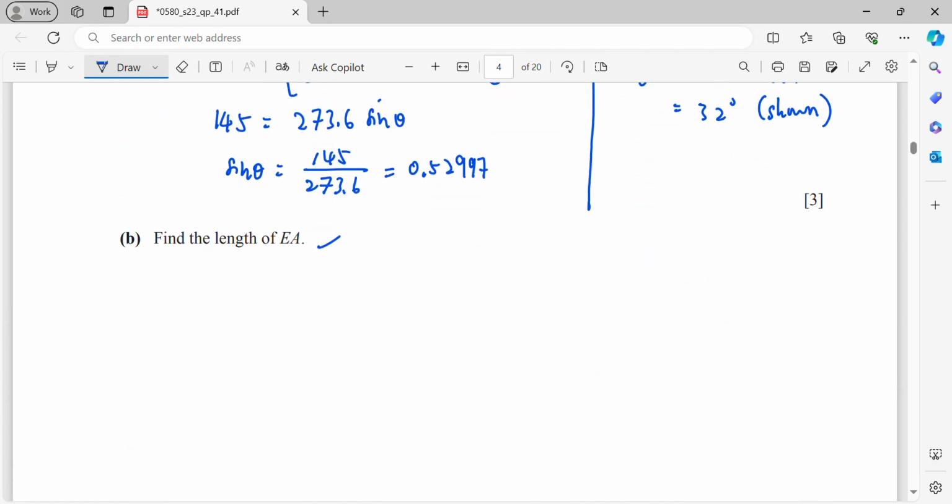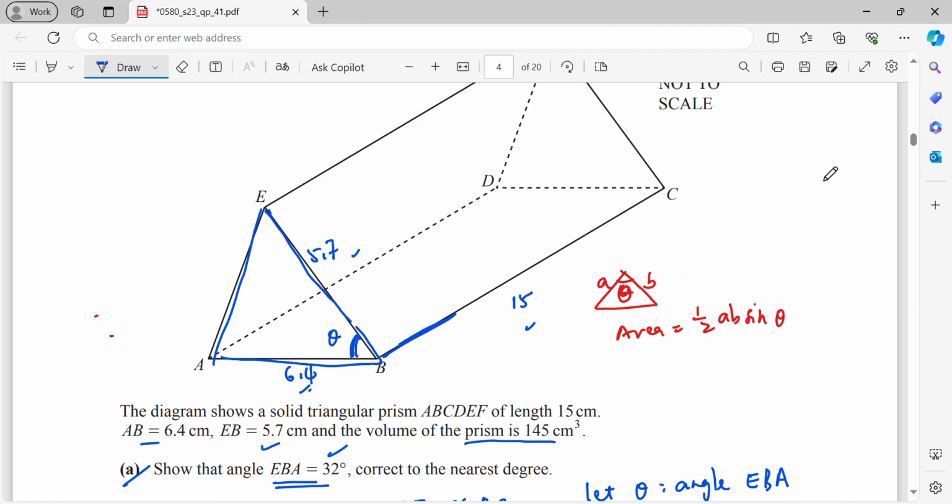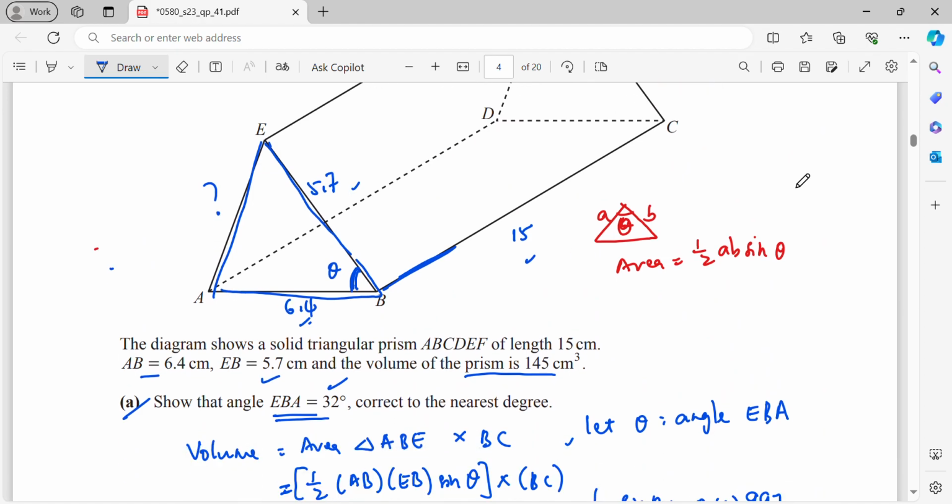Now find the length of EA. Okay, EA, we need to find out what this is. For the EA, I need to use the cosine rule because we have found theta just now. Our theta is 32, and this EA is the opposite side of the 32 degrees.